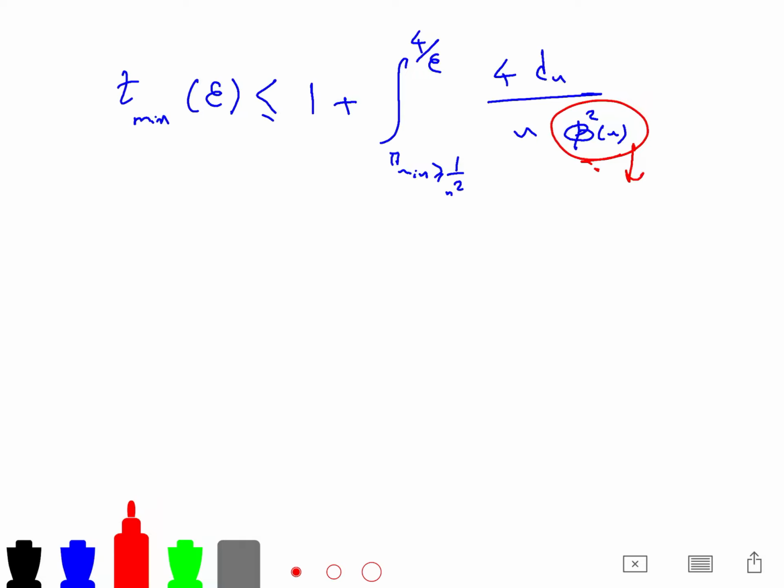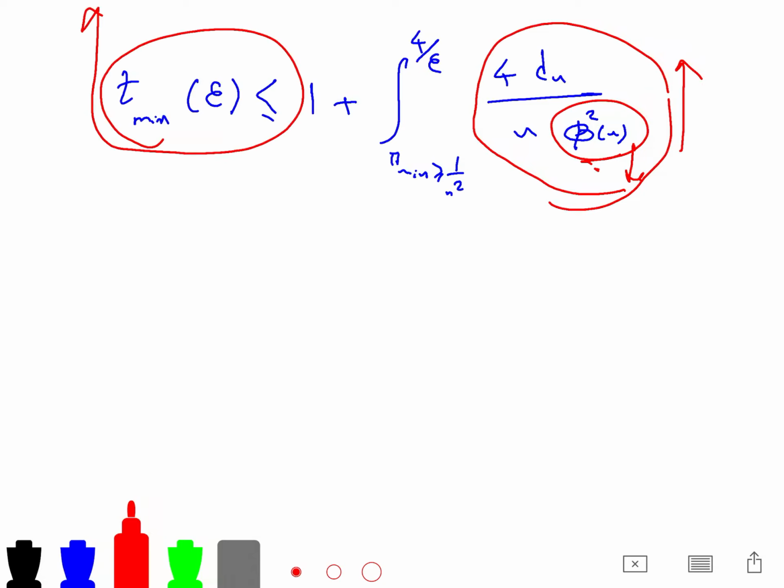So if this expansion goes down, it means that this goes up and the integral goes up. You see how, when your expansion is very low, your mixing time is high.